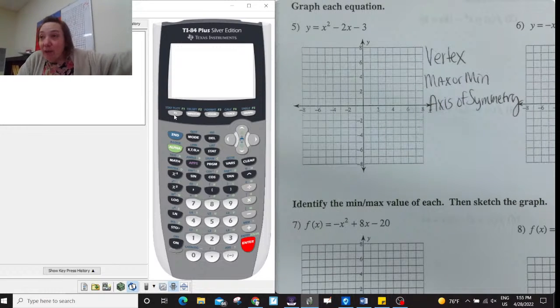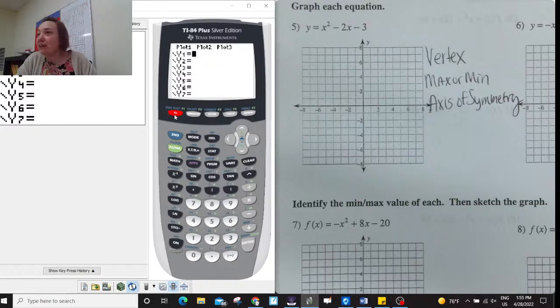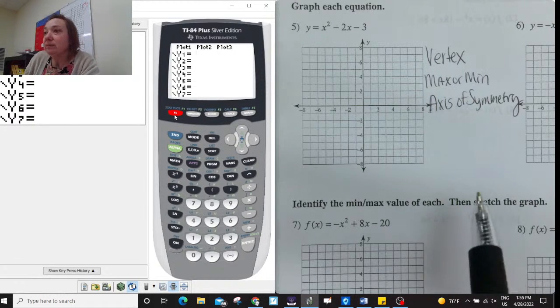I'm pointing at them on the screen. I'll show you where it's at, okay? So y equals. It should look like this. Does yours look like this? No. What does yours look like? It has fractions and stuff on it. Hit clear. Okay. Now enter your equation.